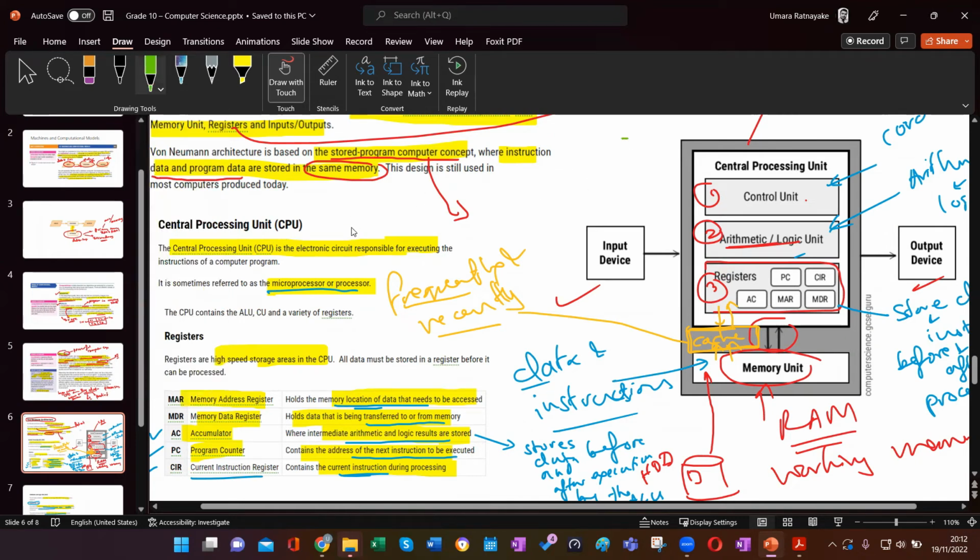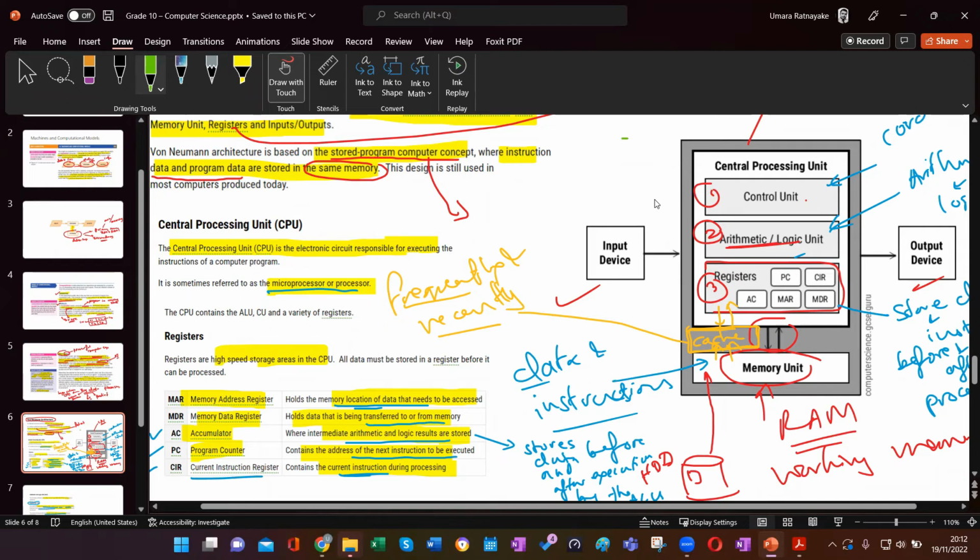You have learned about something called clock speed. Yeah, that's the clock. Okay, that's the internal clock.